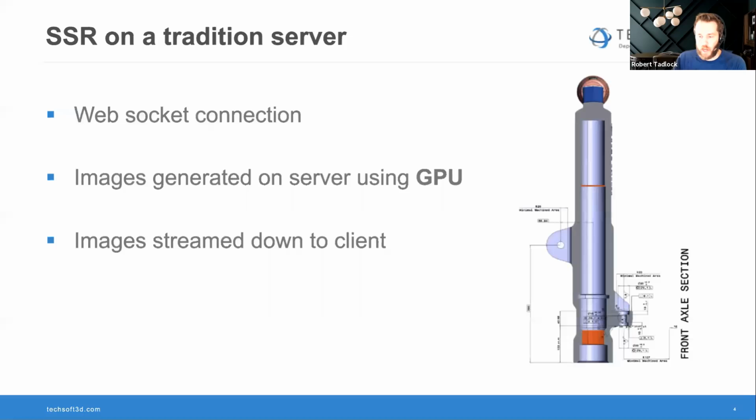So I get a stream cache server on one of your web servers somewhere, and when the user requests the model, it's loaded in the stream cache server. And the key here is that images are generated on the server using a GPU. So we're using hardware. A lot of web services and web applications are mostly CPU based traditionally, and because of that, they can be hardware agnostic, and they fit well into a Docker container.